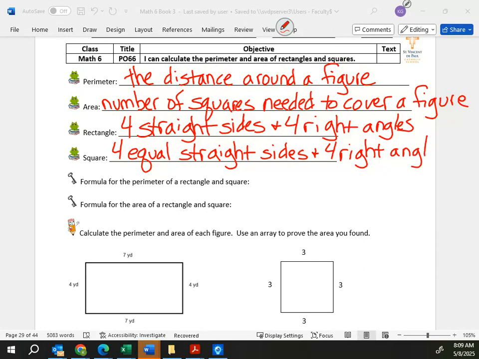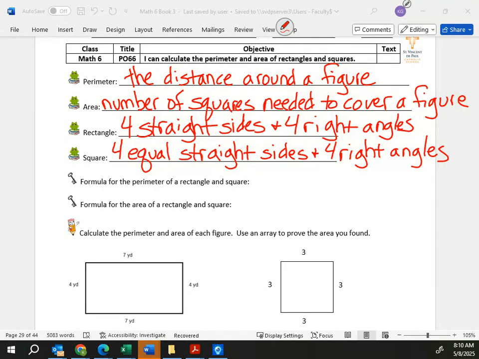So a square is a type of rectangle. It is a special type because the sides are all the same length. But because the square is a rectangle, we find the perimeter and the area the same way.